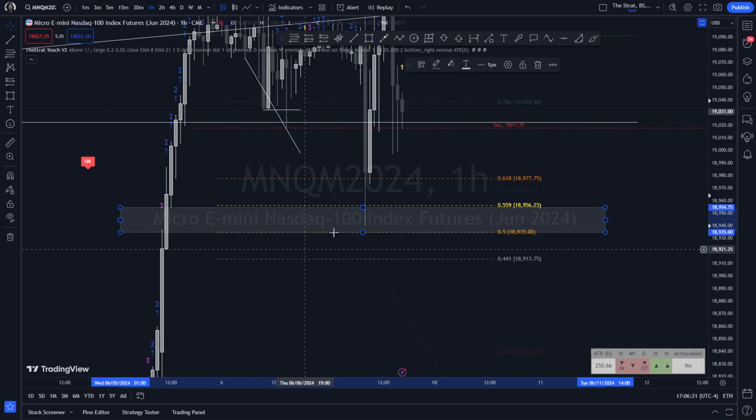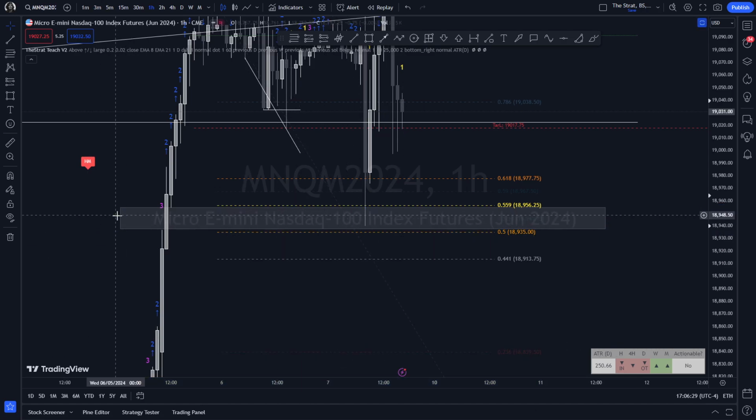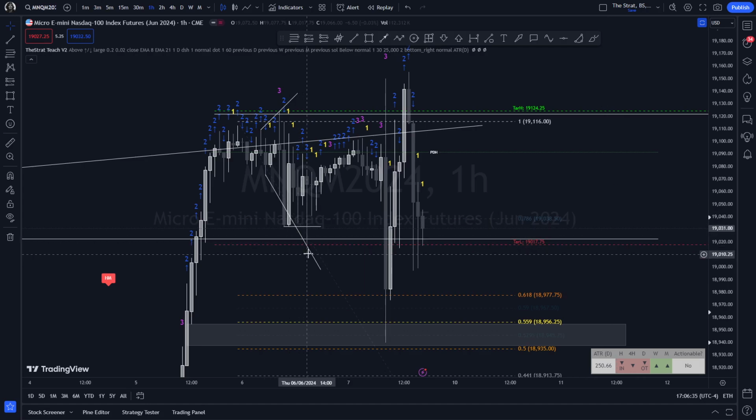And then I put this number here for my stop. So you can see how it wicked back up after it ran this low here. This was after it ran this high. That was right here. It came back, ran this low.